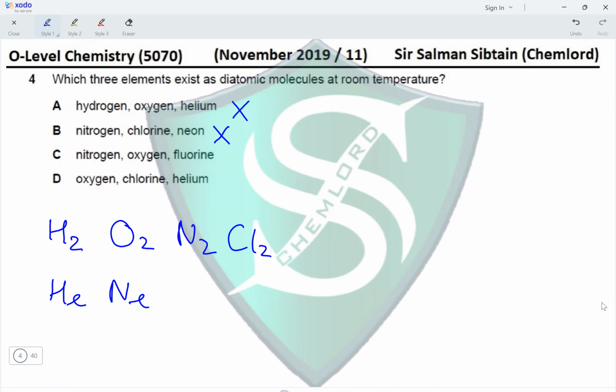Next, nitrogen, diatomic, oxygen, diatomic, fluorine, diatomic. So all three are diatomic in this option. And the last one, oxygen is diatomic, chlorine is diatomic, and helium is monoatomic. So this is incorrect. Therefore, the correct answer for this question is option C.